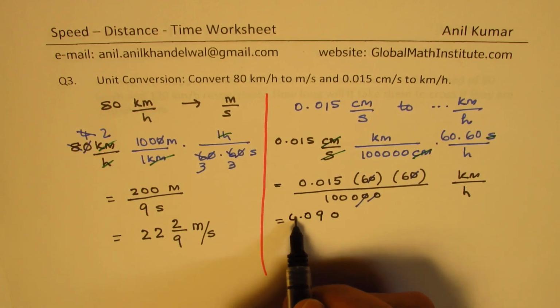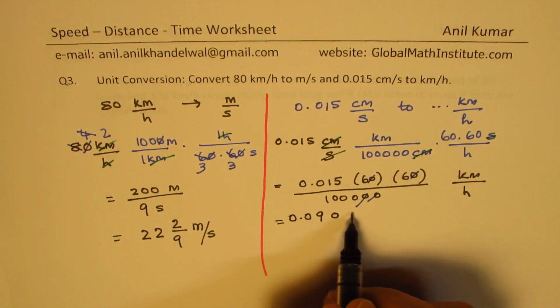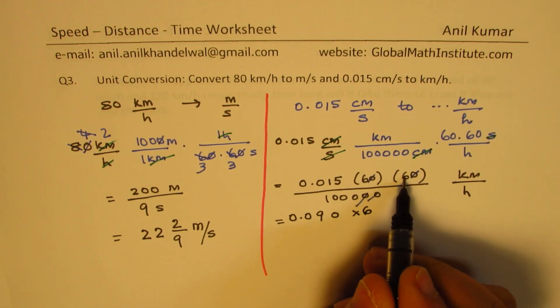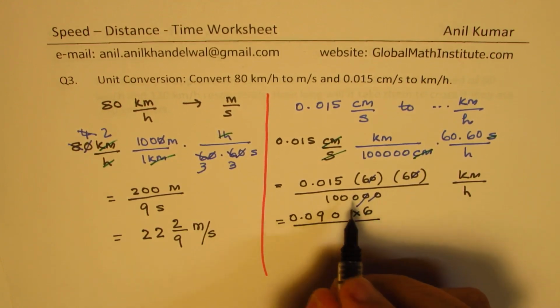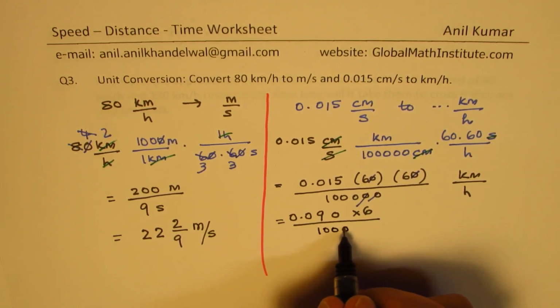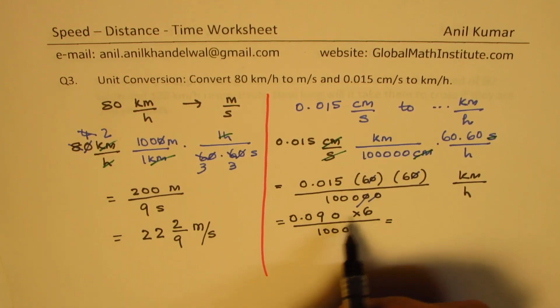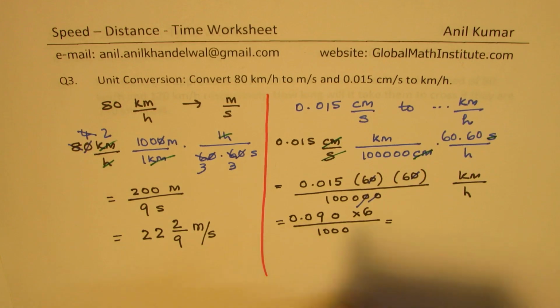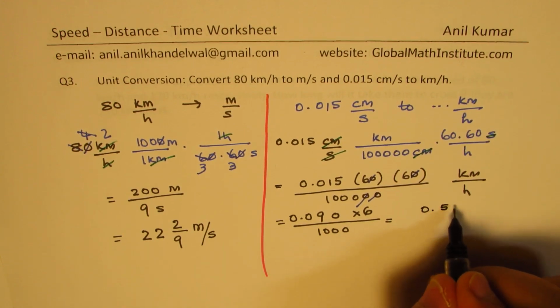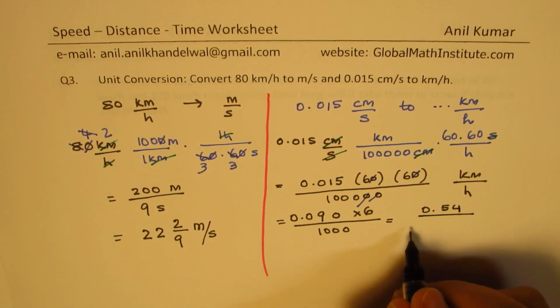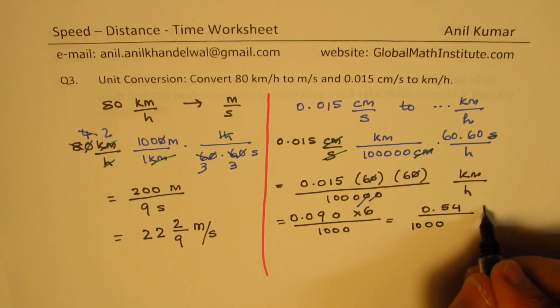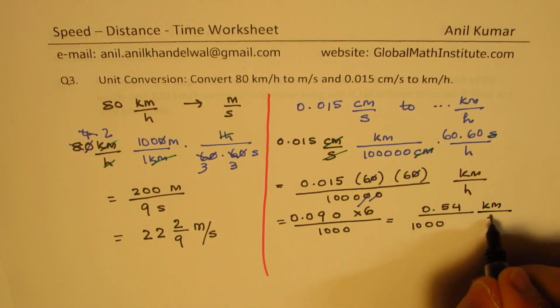So we get 0.090, and we have to still multiply by 6, and we have to divide this by 1000. Is that clear to you? So now when I multiply by 6, 6 times 9 is 54, so we get 0.54 over 1000, while the units are kilometers per hour.